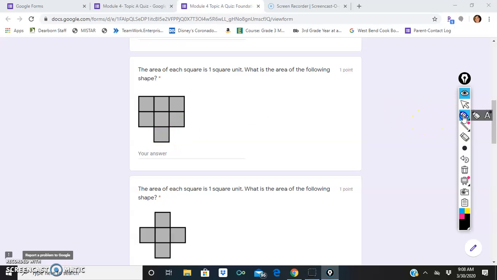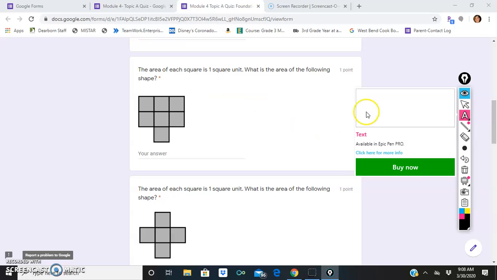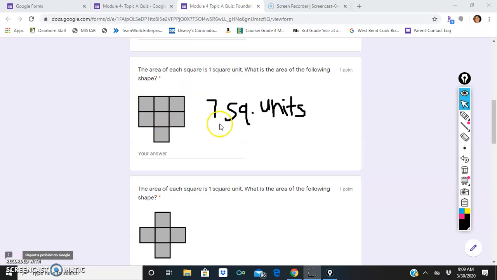So my answer is now going to be 7 square units because we're counting those squares inside the shape. So don't forget those. All right, let's take a look at that next one.